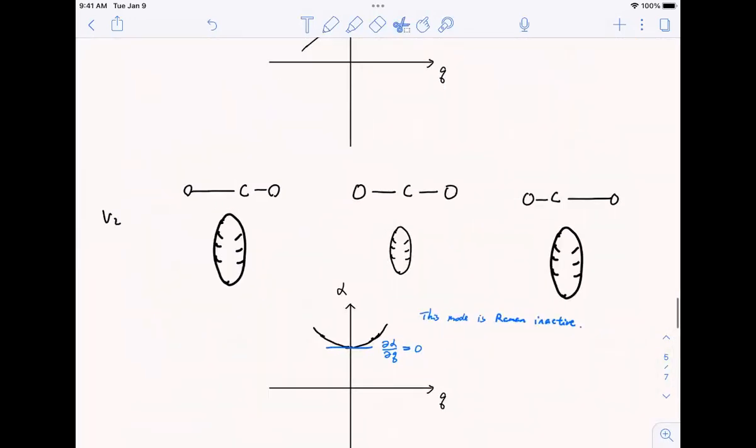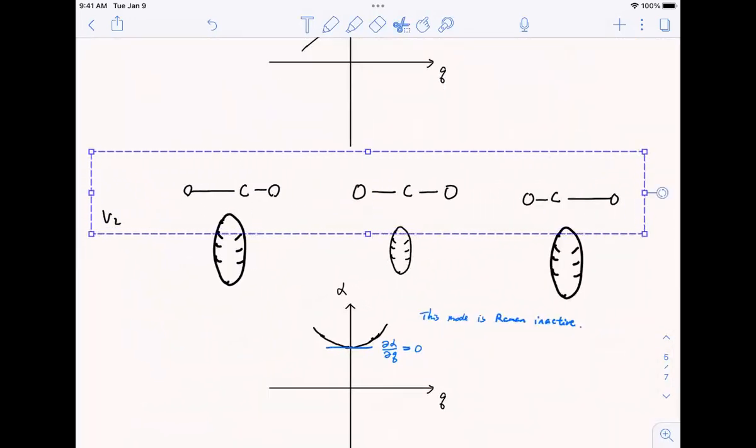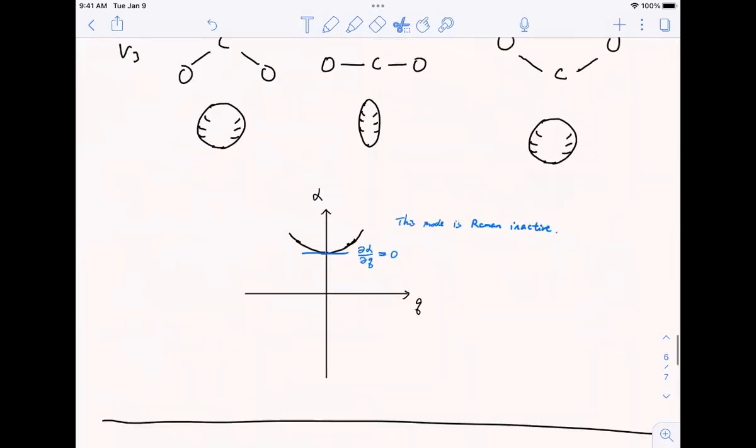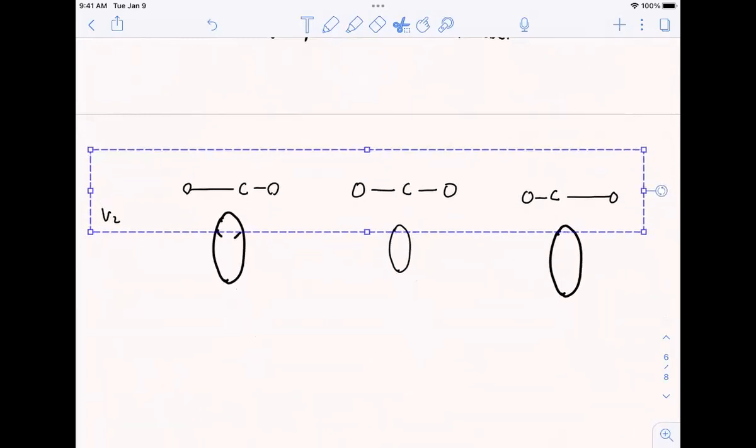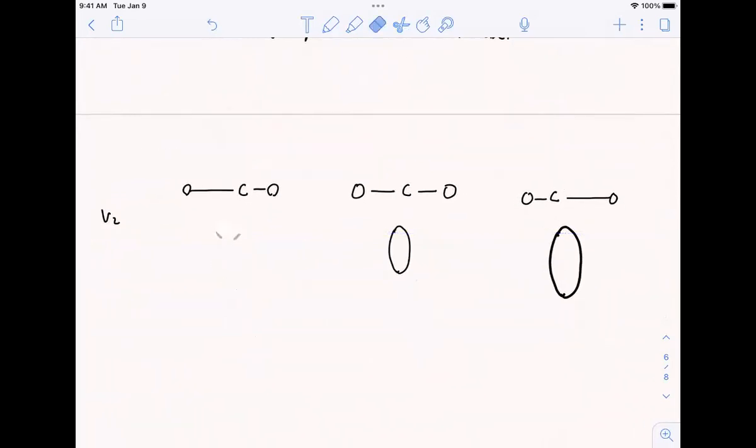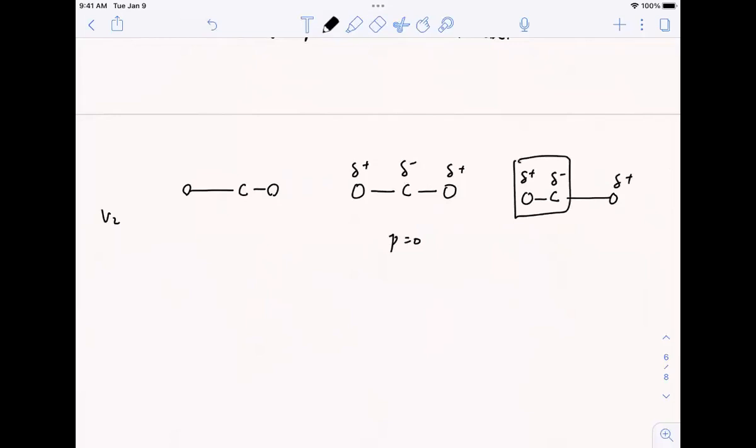Is that okay? Okay, now let's go to the second mode. The second mode is this one, this guy. Second mode. So this one is delta minus, delta plus. Okay, now, so this one, the P is 0. This one, you can see that you have more negative charge here, right?